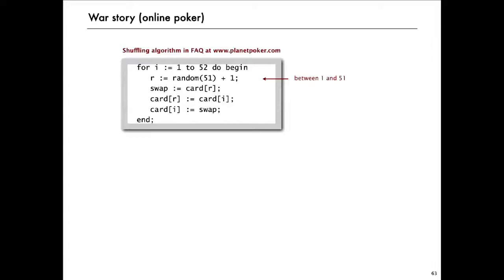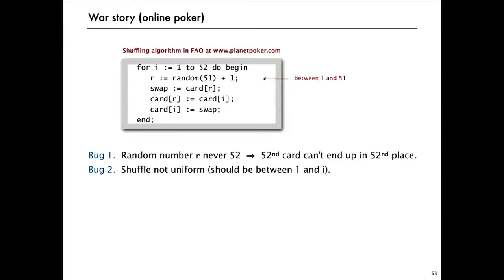It's pretty similar to our code, but it actually has more than a few bugs. The first is the way that random works: it never gets to 52, which means that the last card just stays, it can't end up in the last place. So it's definitely not shuffled. Maybe that one's minor, but it also picks a random card from the whole deck, and as we just pointed out, that's not uniform. It should be between 1 and i, or between i plus 1 and 52.